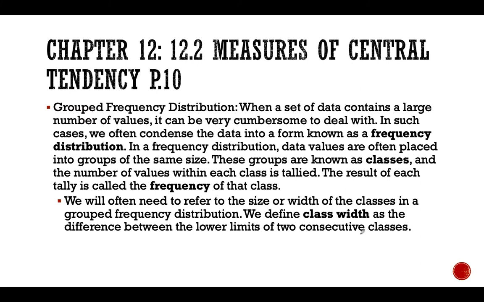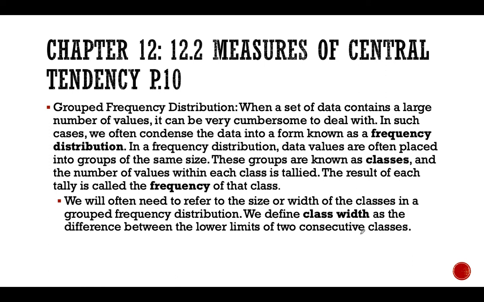We're going to talk about grouped frequency distribution. When a set of data contains a lot of values, it can be very difficult and cumbersome to deal with that many data values. In such cases, oftentimes we condense the data into a form known as a frequency distribution. In a frequency distribution, data values are often placed into groups of the same size, and these groups are known as classes.